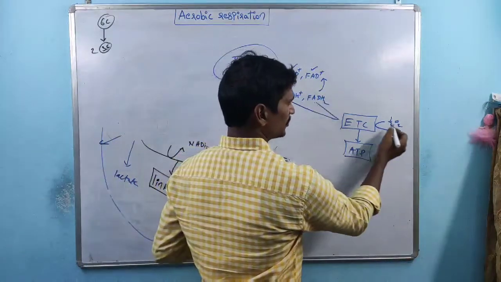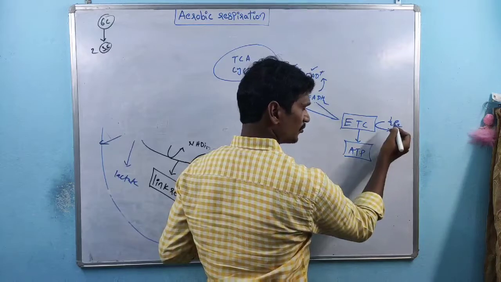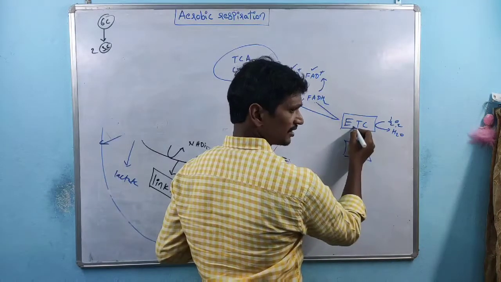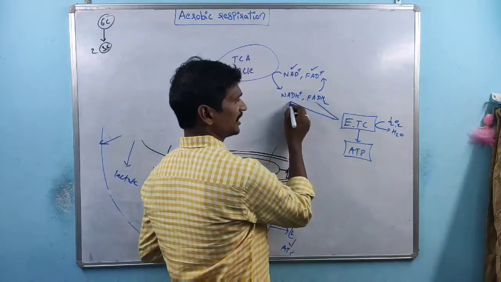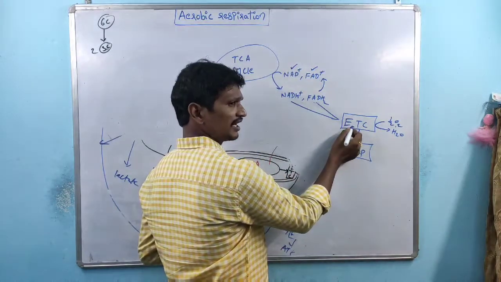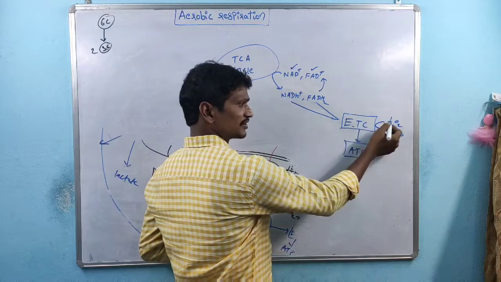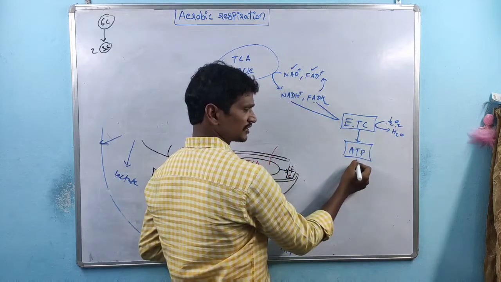These high energy compounds, in the presence of molecular oxygen, interact with the electron transport chain. Then the electron transport chain, in the presence of molecular oxygen, produces ATP.